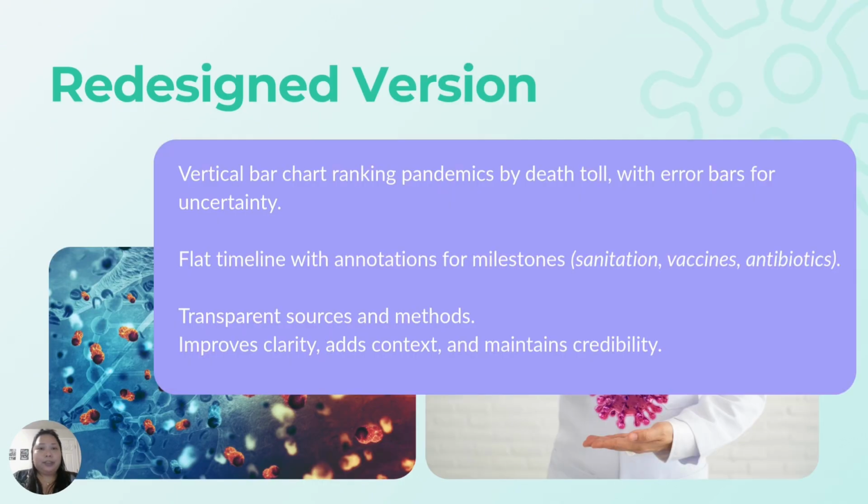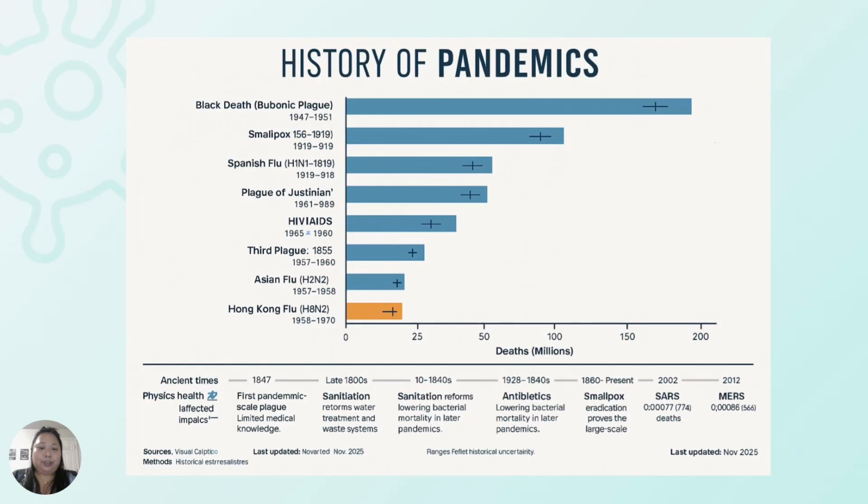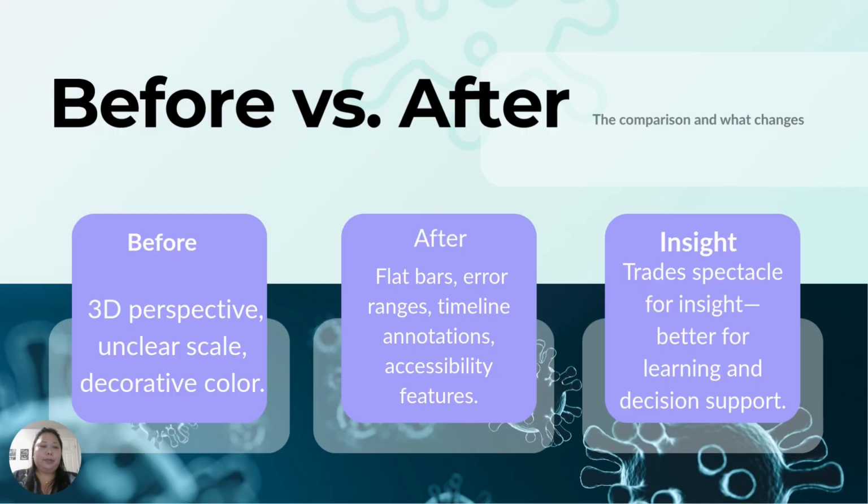On the next page of this slide, I'm going to show my redesigned visuals. The redesigned version is better for learning and decision support. This is the before and after. The first version was all about the 3D perspective, had no clear scale, and most of it was decorative color. I went to flat bars, error ranges, timeline annotations, and accessibility features.